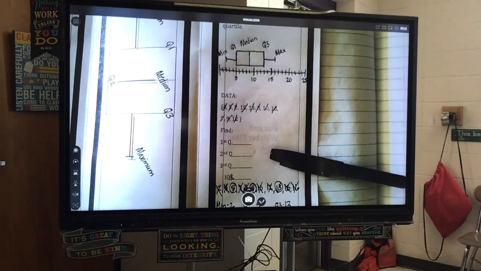Not too often are you gonna have to construct one of these, but it is good to know how to make one of these. Alright, and then make sure you fill out Q1, Q3, Q2, and IQR. Stand up when you have that information done.